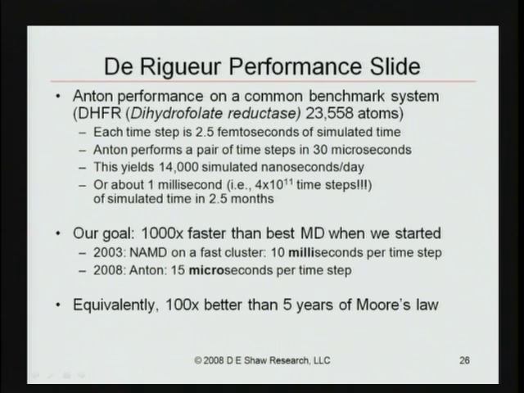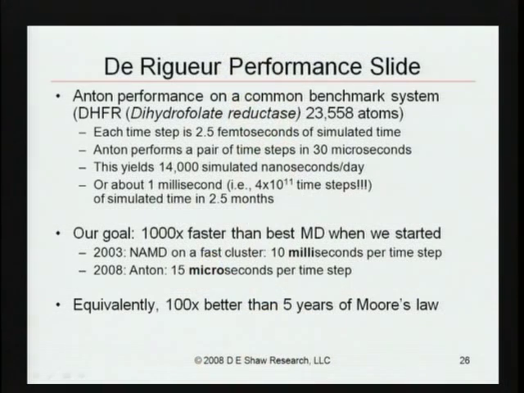Anyway, overall, this leads to a performance on the most common benchmark system, which is a protein called DHFR, or dihydrofolate reductase, approximately 23,000 atoms, that we can run time steps of 2.5 femtoseconds of simulation time in this program.